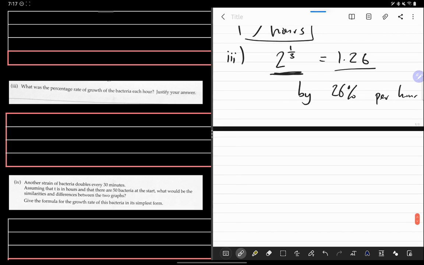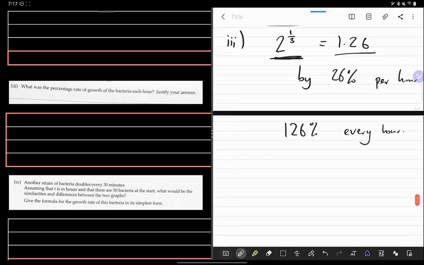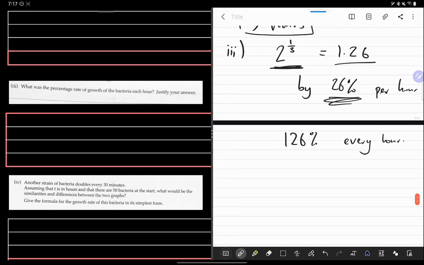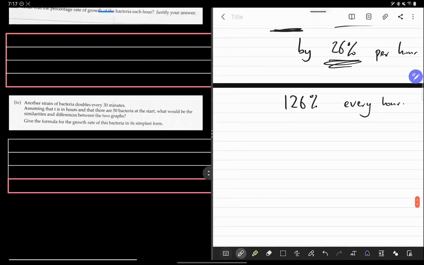It will be just as valid to say it becomes 126% every hour. Either way is fine, but that would be your growth per hour. And if you grew by 26% every hour, and I know 26 is a rounded number, in 3 hours, you would have doubled. Cool. 4.